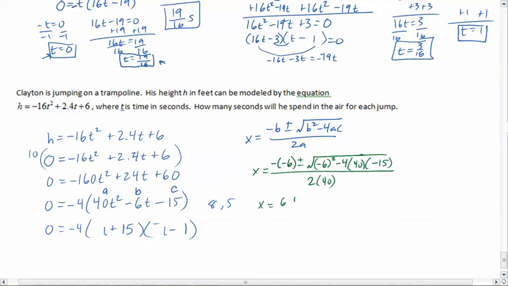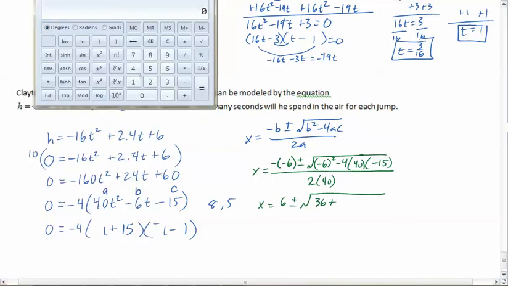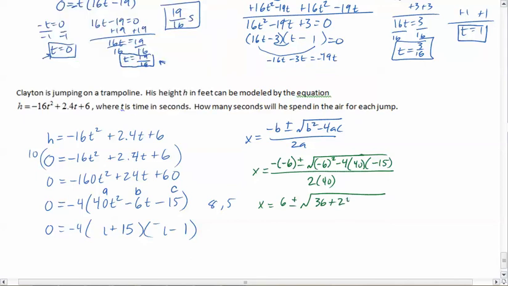X equals 6 plus or minus the square root of 36 plus 4 times 40 is 160 times 15 is, let's go 4 times 40 times 15. So 2,400. And negative times negative is positive, so plus 2,400 all over 2 times 40, which is 80.